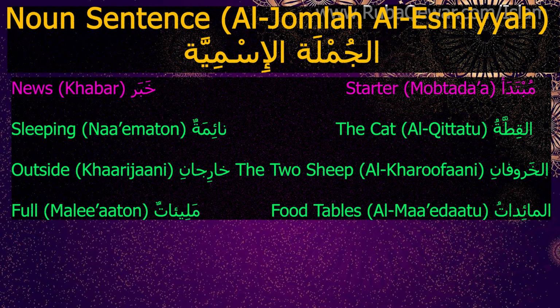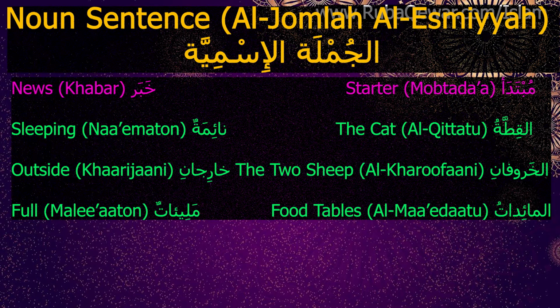What is the sign of it؟ ضمة. Very good. الخروفان, is it مبتدأ or خبر؟ مبتدأ. مرفوع. What is the sign of it؟ Alif, Noon. Why? It is a dual. Very good.